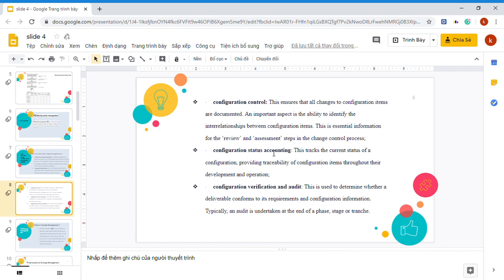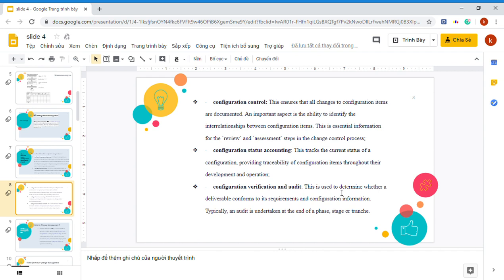Configuration status accounting. This tracks the current status of a configuration item through its development and operation. Configuration verification and audit.